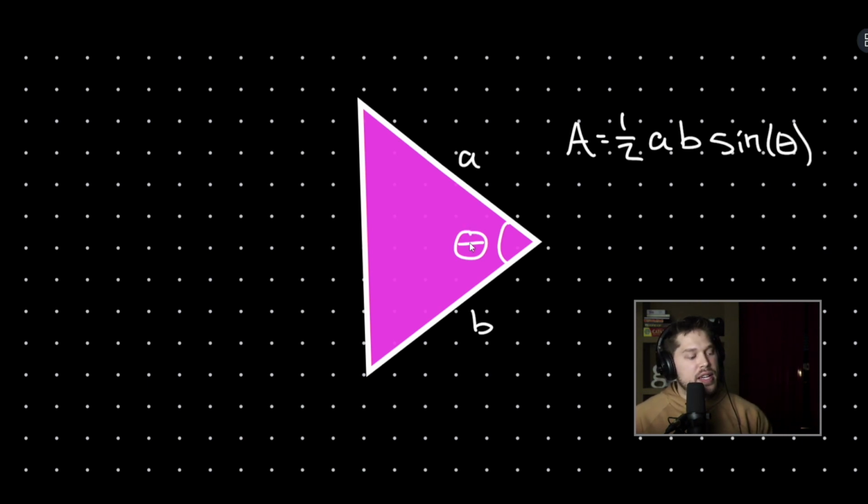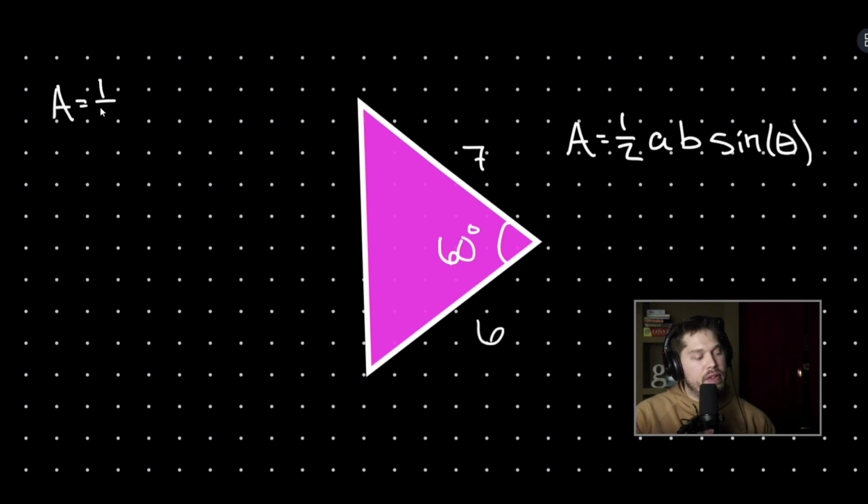Let's say that theta is equal to 60 degrees. Let's say that A is length 7 and B is length 6. In order to find the area of this triangle, we can use this formula and have that our area is equal to 1/2 times 7 times 6 times the sine of 60 degrees.